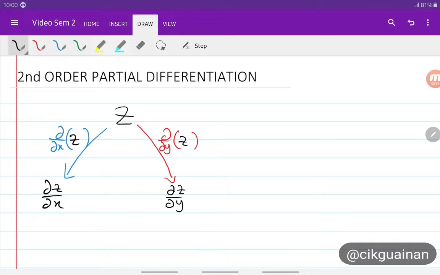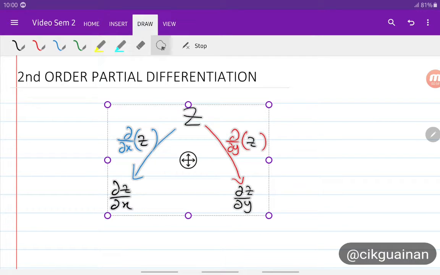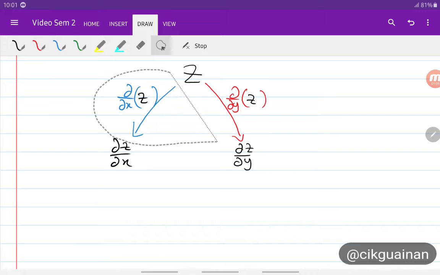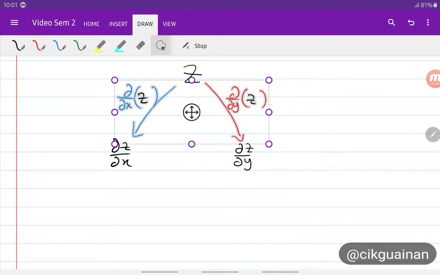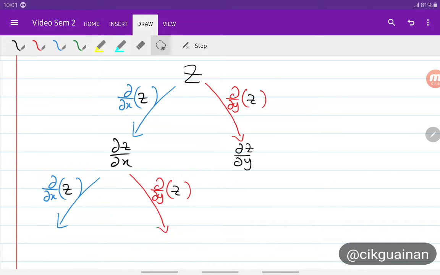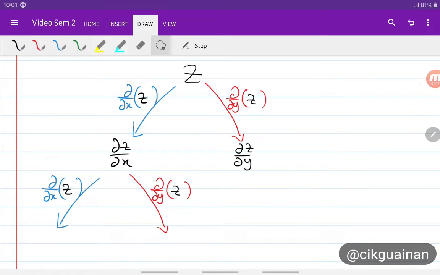We can continue this process further. I can copy these arrows and put them here, it's just that I changed the inside.